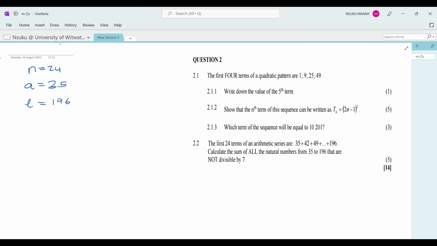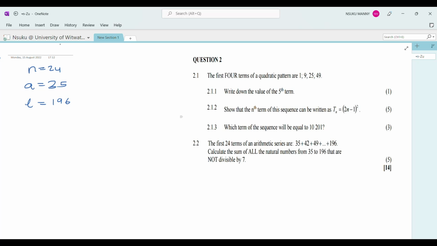Now they say calculate the sum of all the natural numbers from 35 to 196 that are not divisible by 7. If you look carefully at this pattern, 35 is divisible by 7, since 35 divided by 7 is 5. 42 is divisible, 49 is divisible. To get to the next term, we just add 7 to the previous one.